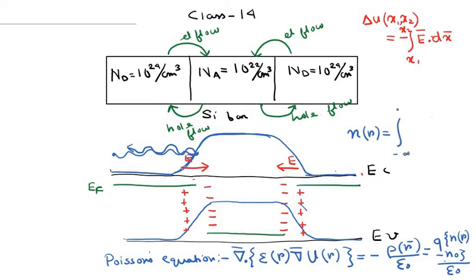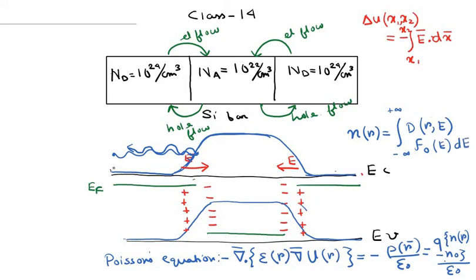from minus infinity to plus infinity, the density of states at point R and at energy E times F0, assuming that the device is in equilibrium and no voltage has been applied across the device, F0(E) dE.